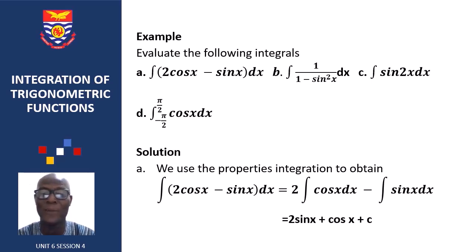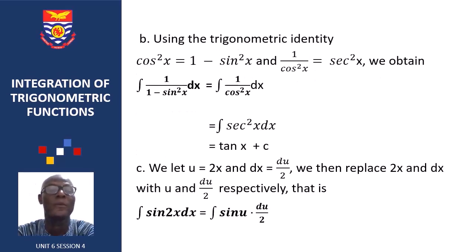So therefore, the integral of 2 cos x minus sine x dx is equal to 2 sine x plus cos x plus c. Integration of trigonometric functions.